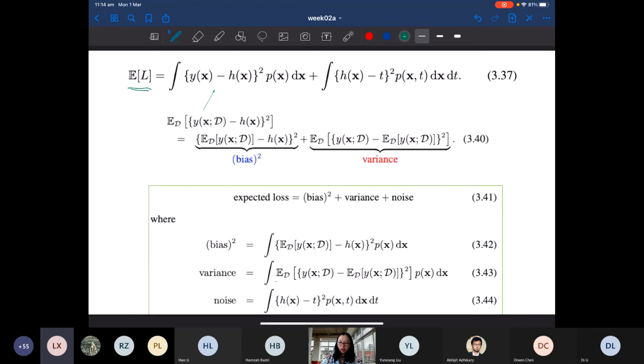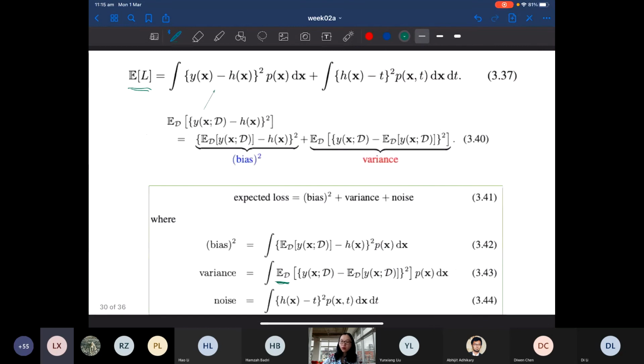Note that the expectation over different subsets is consistent. It appears in both the bias and the variance term. The noise term doesn't depend on different data subsets, therefore the expectation over curly D doesn't need to appear there. So the expected loss is a combination of bias, variance, and noise.